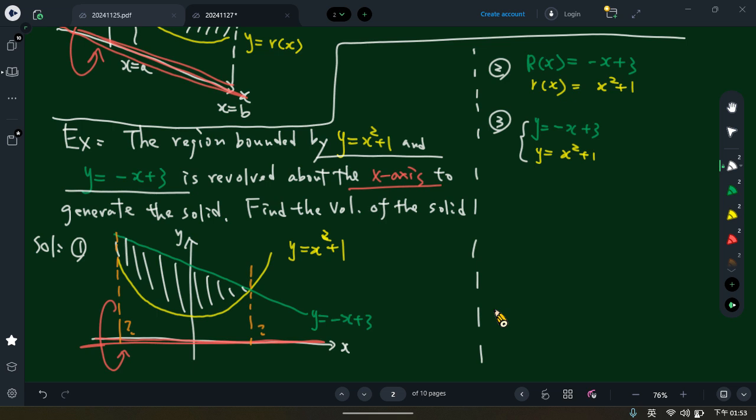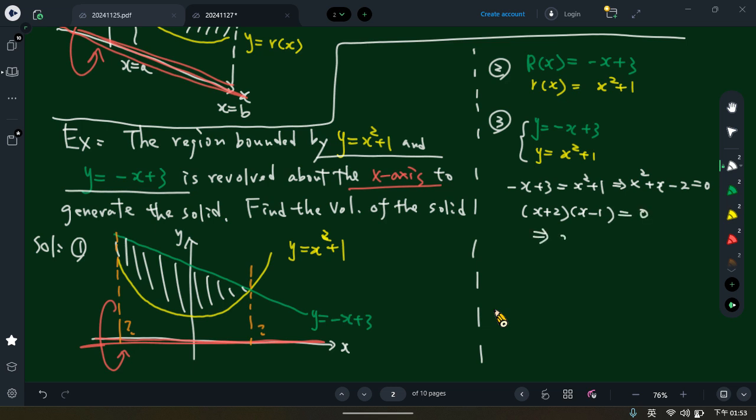Then using these two equations, you can get minus x plus 3 is equal to x squared plus 1, so that we can have x squared plus x minus 2, then x plus 2 times x minus 1 is equal to 0.